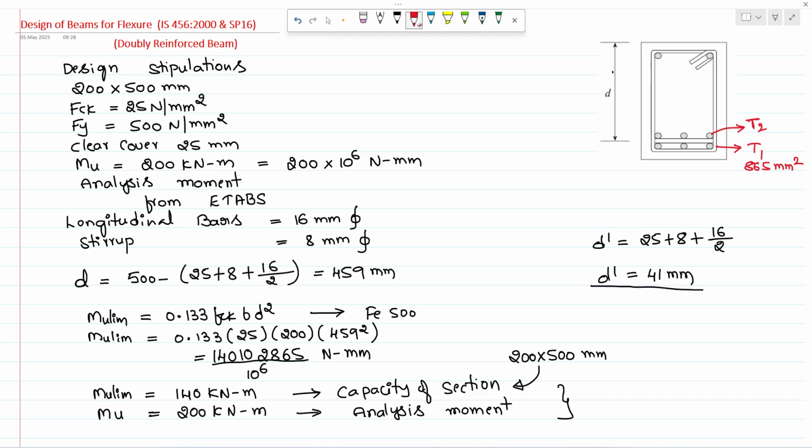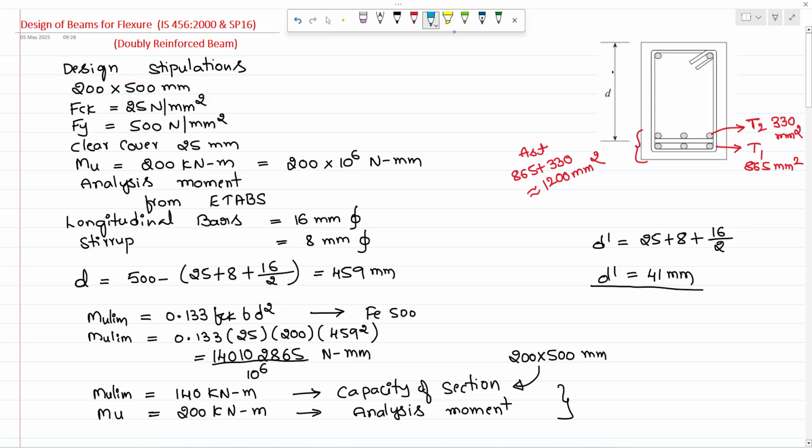T2 is 330 mm square. If you add these two, you will get total AST. So 865 plus 330 is nearly equal to 1200 mm square. So this is your tensile reinforcement.